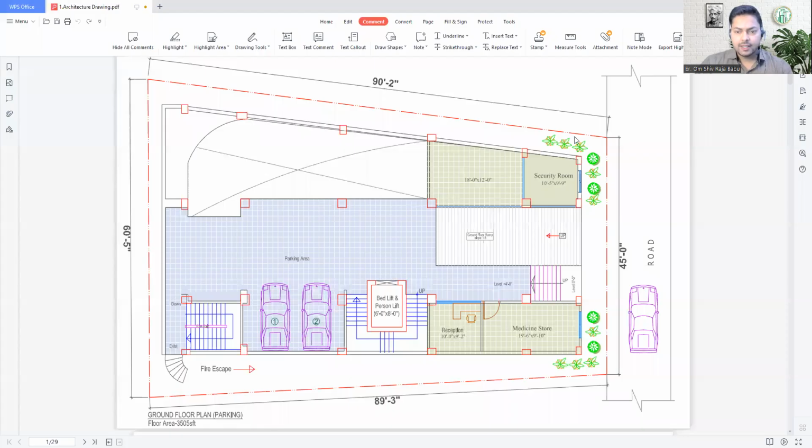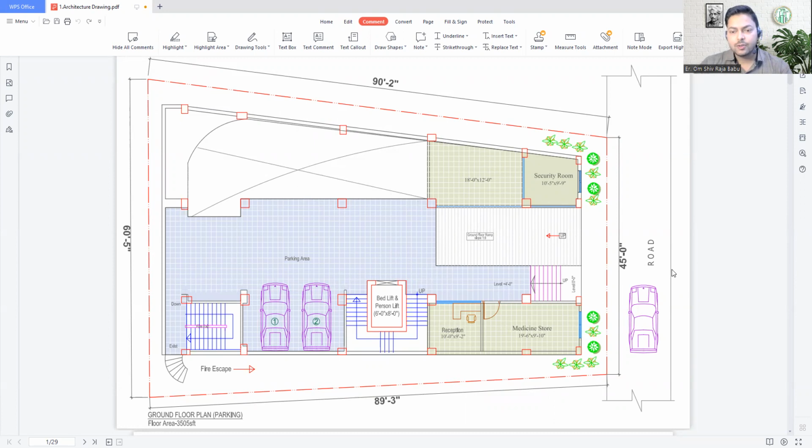You can see over here, this is a trapezoidal area, right? These two lines, the left and the right one, are parallel, and the top and bottom lines are irregular. Now we have left a little offset from all the sides. How much offset we have left, I will show you when we study the dimensions of this plot. But first of all, we need to understand the different things that are there in this particular floor.